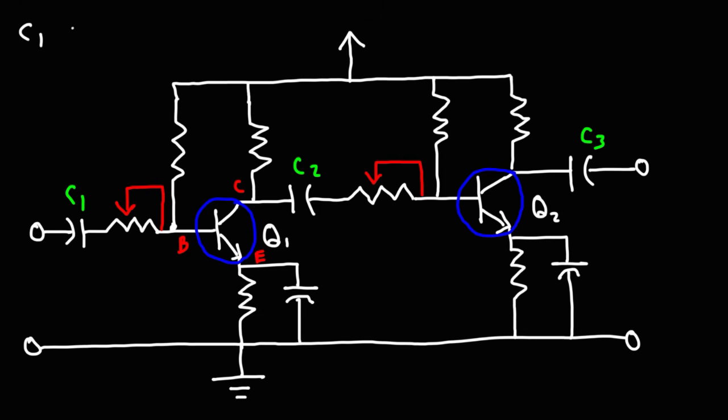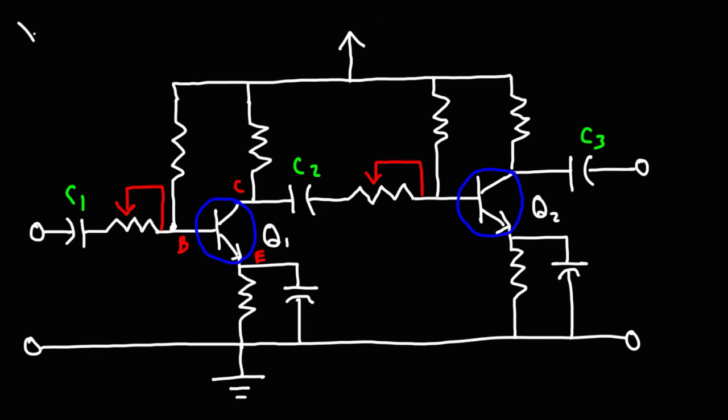Now, the values of C1, C2, and C3, ideally speaking, you want them to be greater than 1,000 microfarads if you're using this circuit to amplify an audio signal. If you're using it to amplify a high frequency signal, then you could use a much lower capacitance.